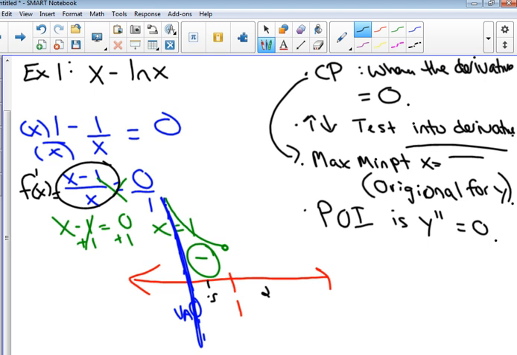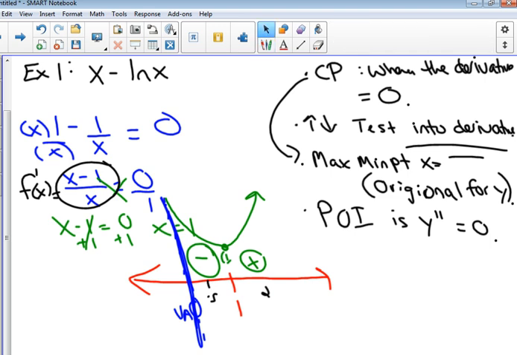So 2 minus 1 is 1 over 2. Good. So that's still going to be positive. Alright, so that means we're going to be increasing here. What can we say about this point at 1? Is it going to be a max or min? Min, because it's on the bottom of something.